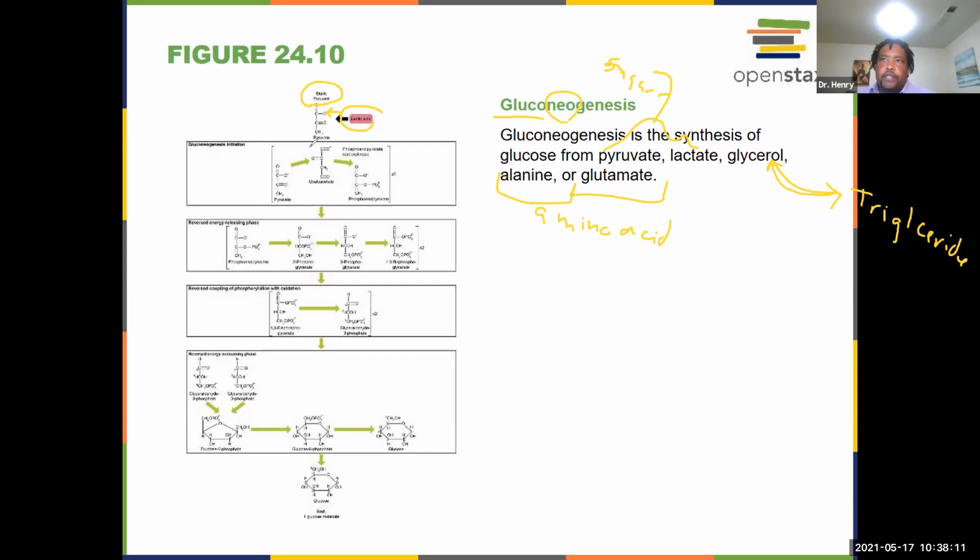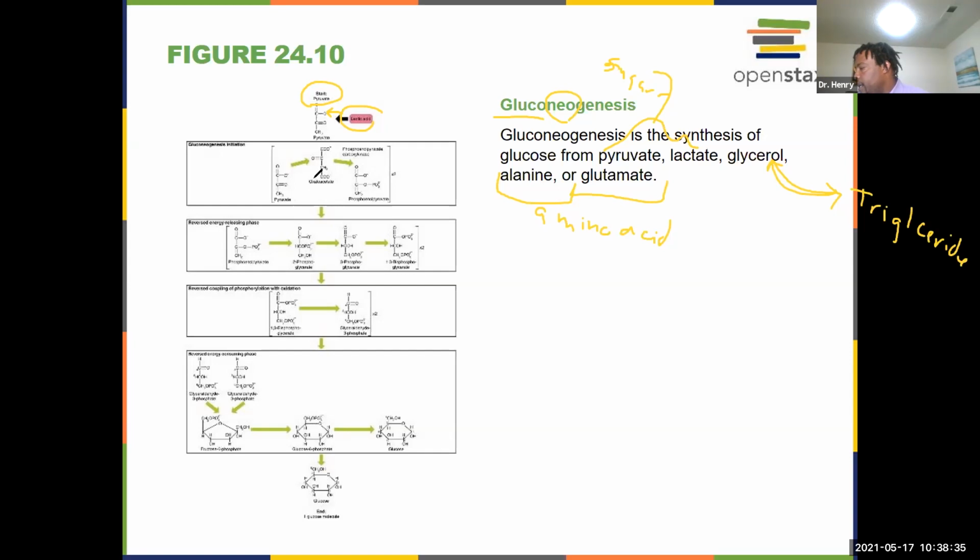This starts that whole process. So we have pyruvate, right? Lactate is going to be converted to pyruvate. Pyruvate is then going to bind to oxaloacetate, oxaloacetate together with that pyruvate.